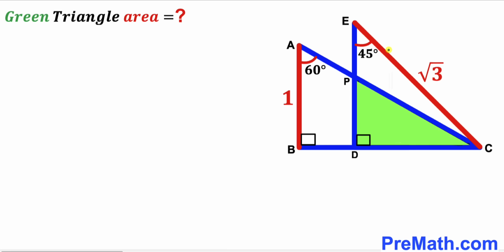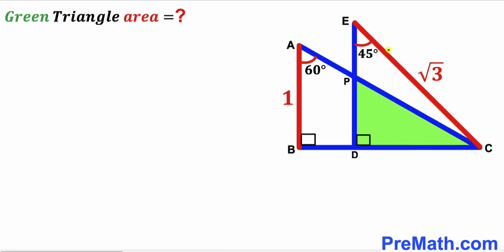We have this right triangle ABC and this other right triangle CDE put together, as you can see in the given diagram, such that side length AB is 1 unit, whereas the hypotenuse CE is square root of 3 units.